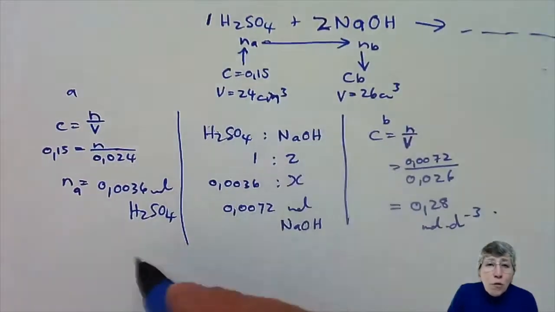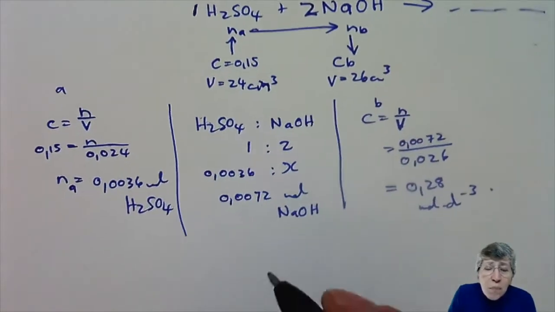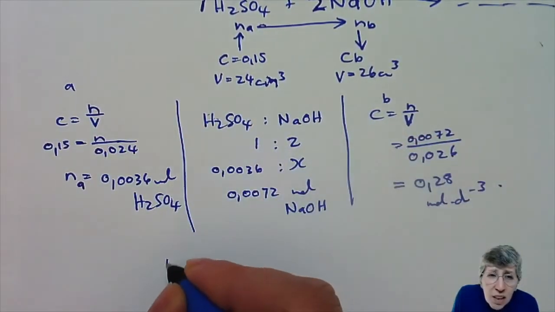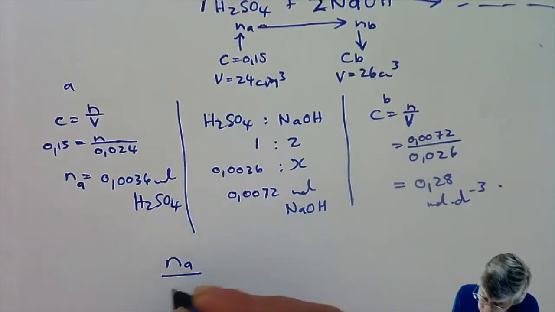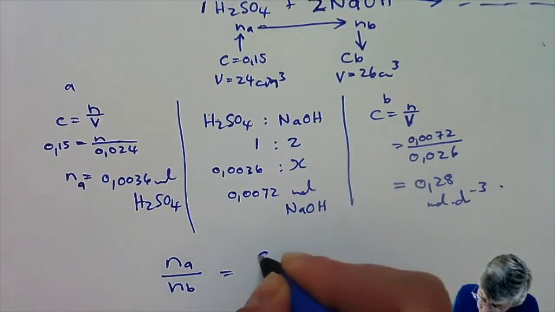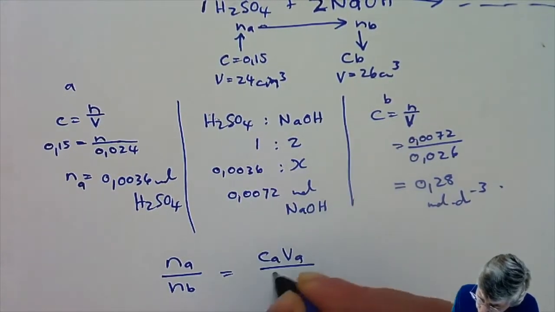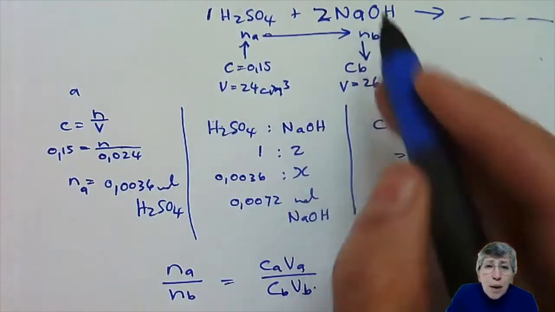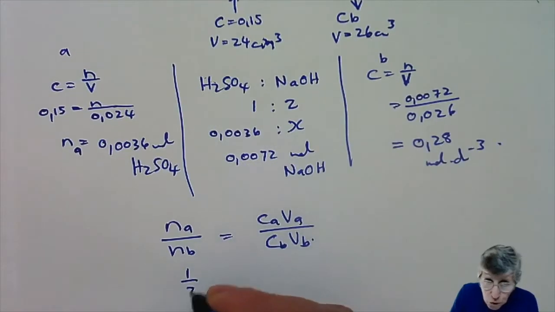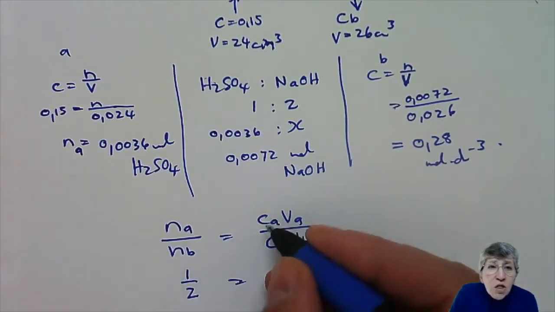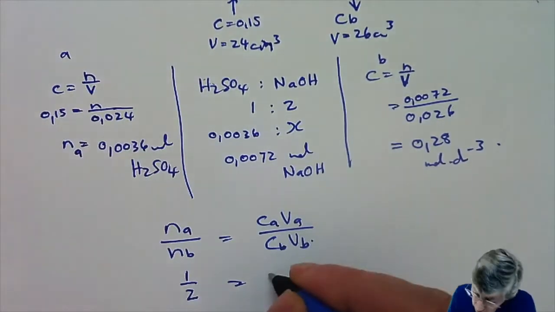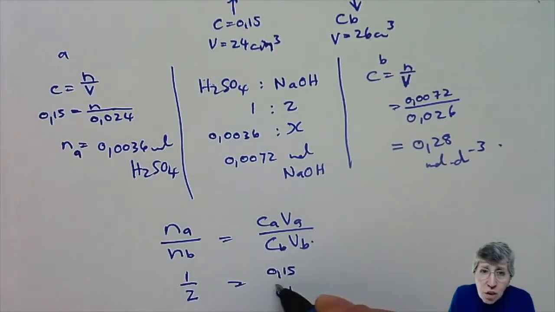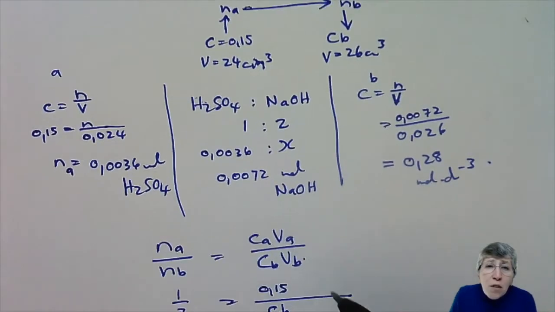So an old-fashioned mole calculation, or you could have done all three of those in a single titration equation. Right, you could have said acid to base is 1 to 2, right? Concentration of the acid was given as 0.15. I'm looking for the concentration of the base. The volume of the acid.